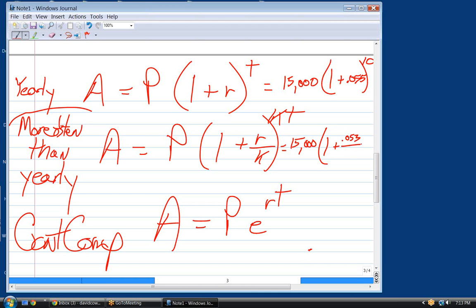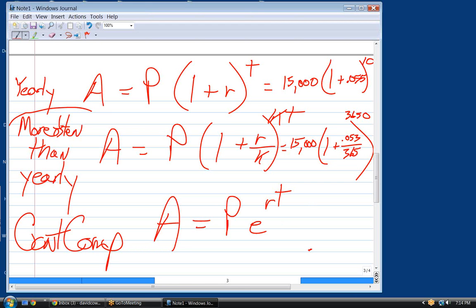What's K? And then over 365, all to the 10th power. No, it's to the K. 10 times 365. Right, so it's 3650 power. That's going to produce another number.